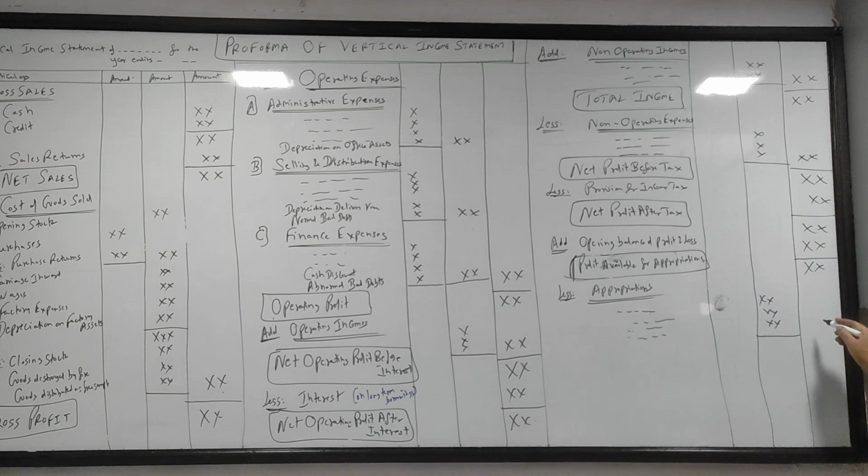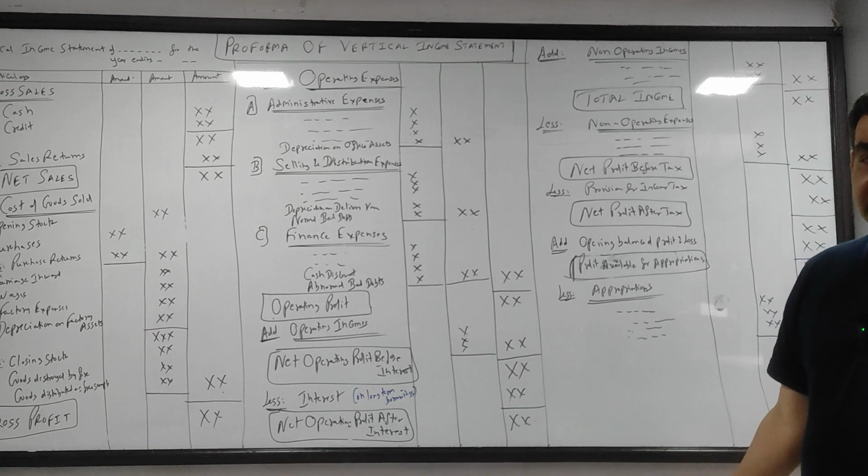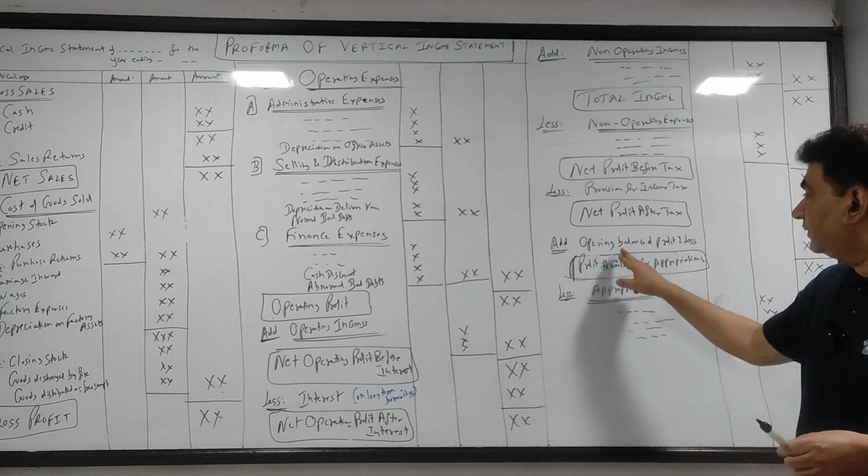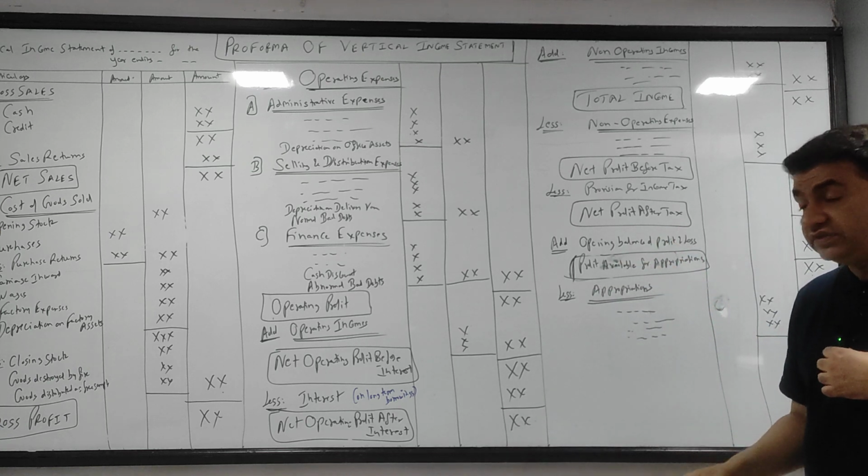And the total of appropriations I'll take here, and profit available for appropriation minus my appropriations gives me the final answer. Now listen, what I told you, this opening balance is the balance of P&L on the first day of the year.